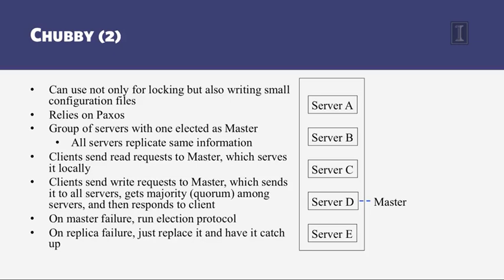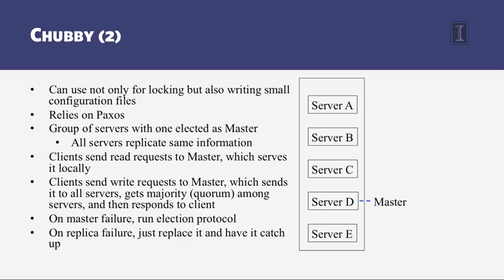Then the master can send back a response to the client acknowledging that the write has been done. Okay, so this is where mutual exclusion comes into play. If some other client has already gotten access to the critical section, it means that it has permissions from at least a quorum of the servers via the master, and the next request that goes to the master will not reach a quorum, and it will wait until that first process exits its critical section.